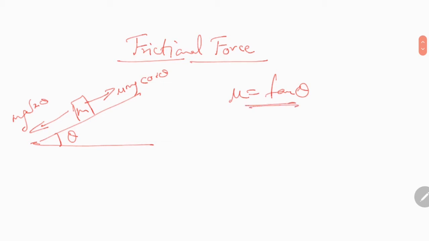Now you must understand, like I mentioned previously, in science we have this habit of giving names for everything. So this theta at which the mass starts sliding downwards is called the angle of repose.